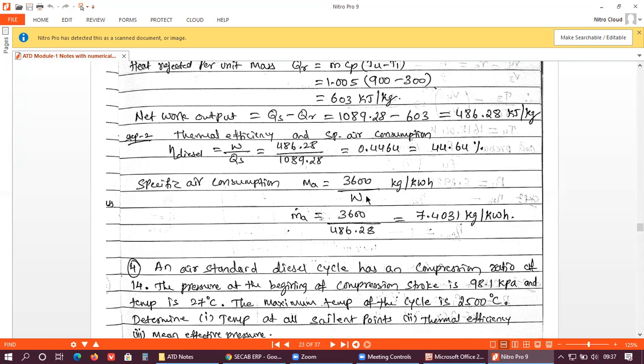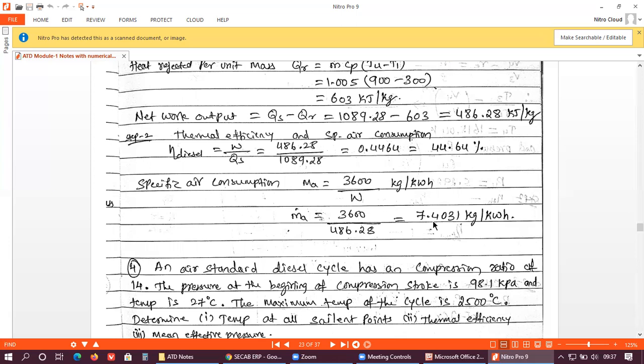So you substitute the values: 3600 divided by 486.28. So it will be 7.4031 kg of air for 1 kilowatt hour of power developed, right?